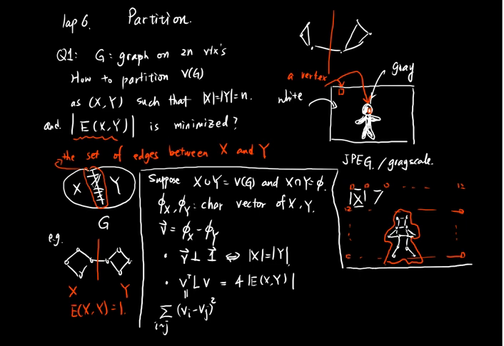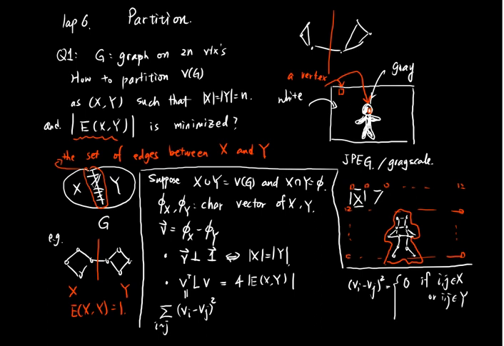Somehow this is very easy to calculate. There are only a few possibilities. It can be 0 if i, j both belong to X or both belong to Y.